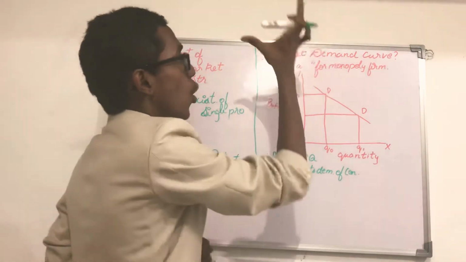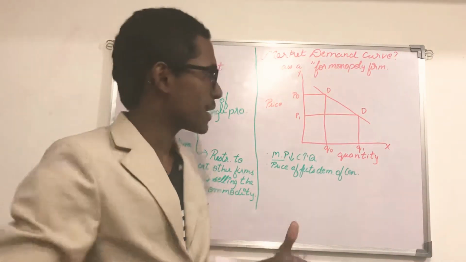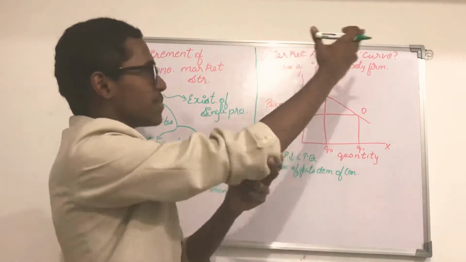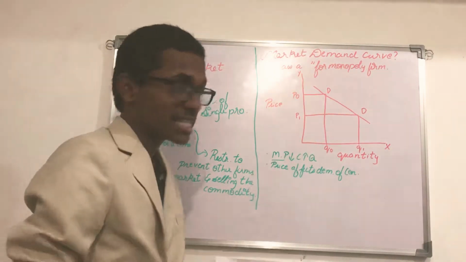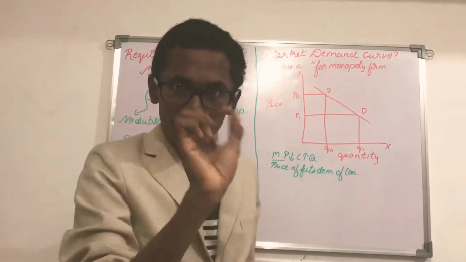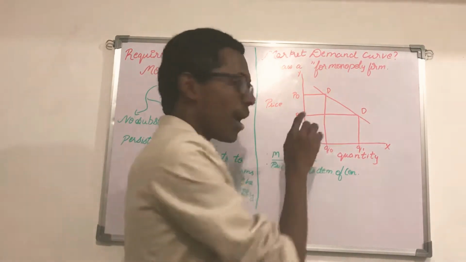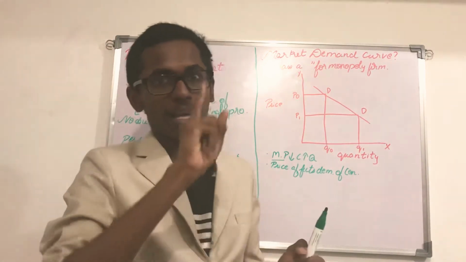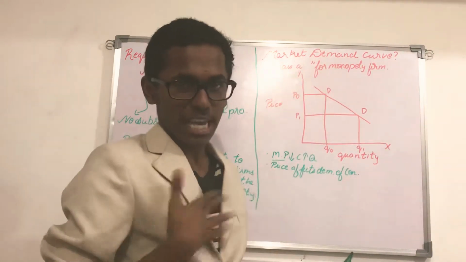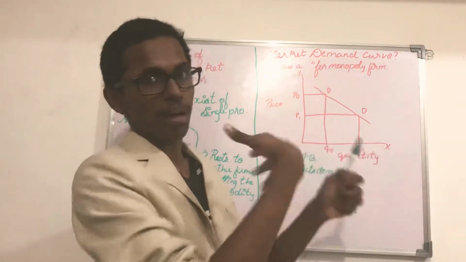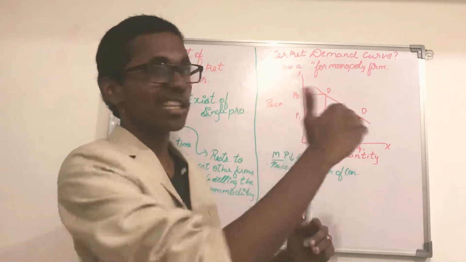So, first, what is the market demand curve? The consumers as a whole are willing to purchase at different prices. In this diagram, price is measured on the y-axis and quantity on the x-axis. If the market price is P0, the quantity sold is Q0. If the market price is less, the consumers are willing to purchase more, just like selling mangoes at rupees 40 per kg, where consumers will buy more.